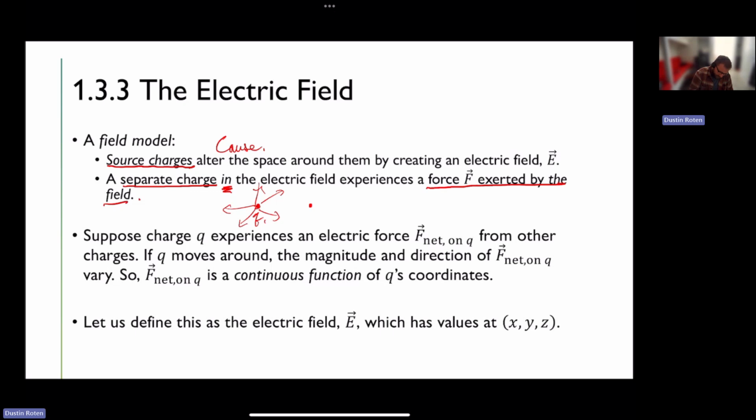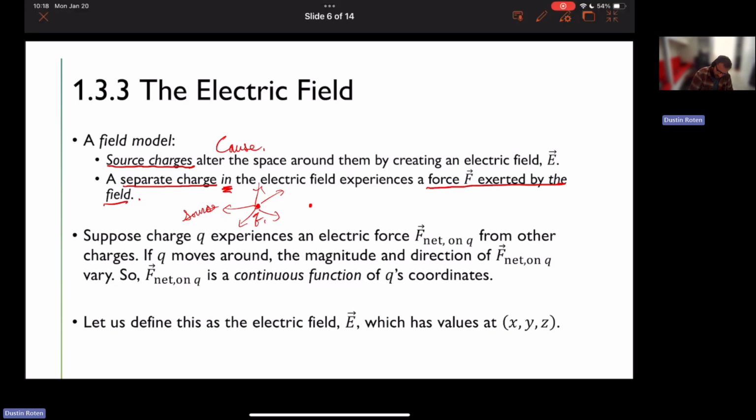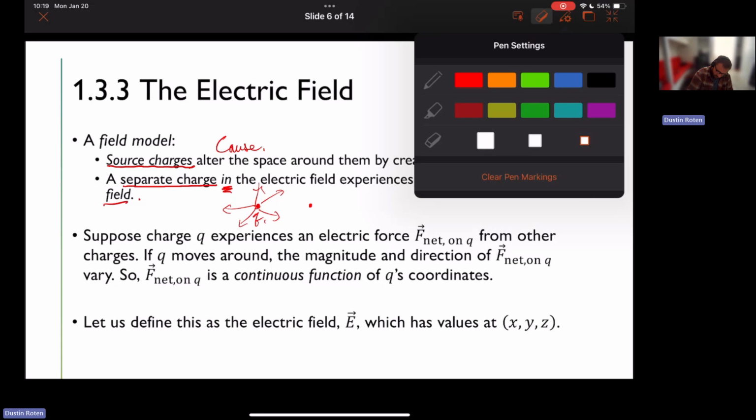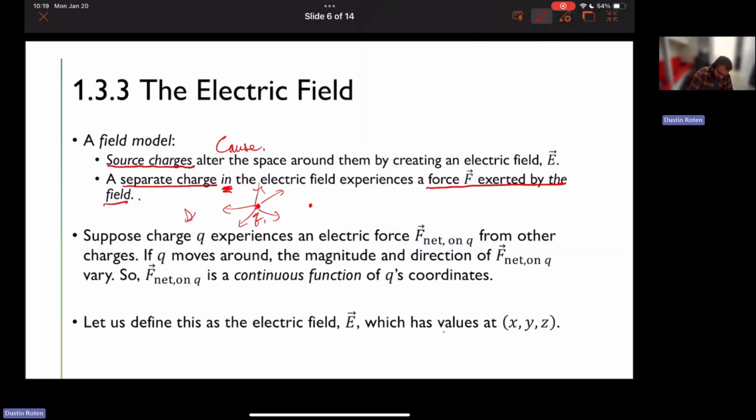So there's our source charge. This is the source. Then we have this separate external charge, Q2.